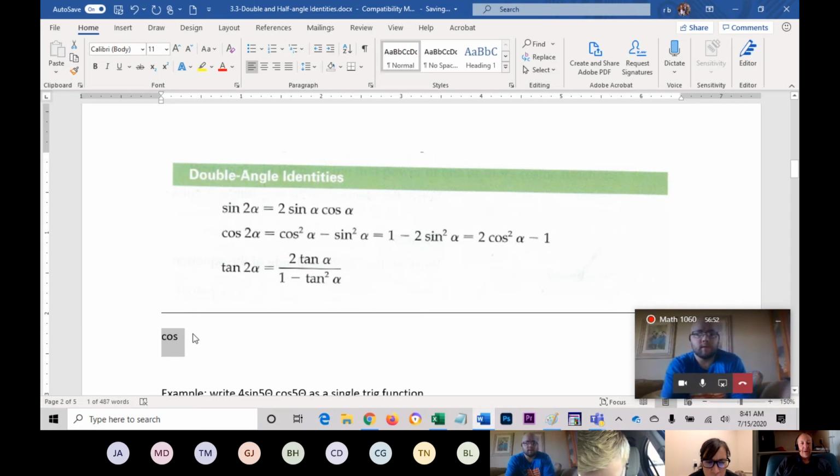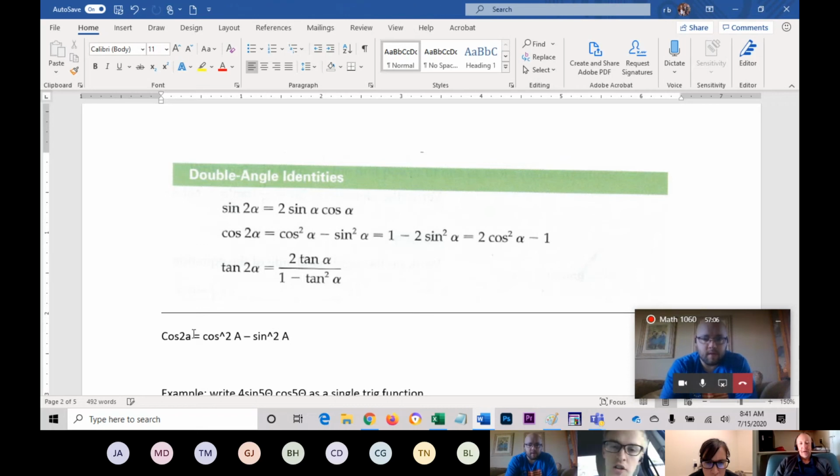Do you understand why cosine of 2 alpha equals the cosine squared of alpha minus the sine squared of alpha, because we did that, right? Yeah.